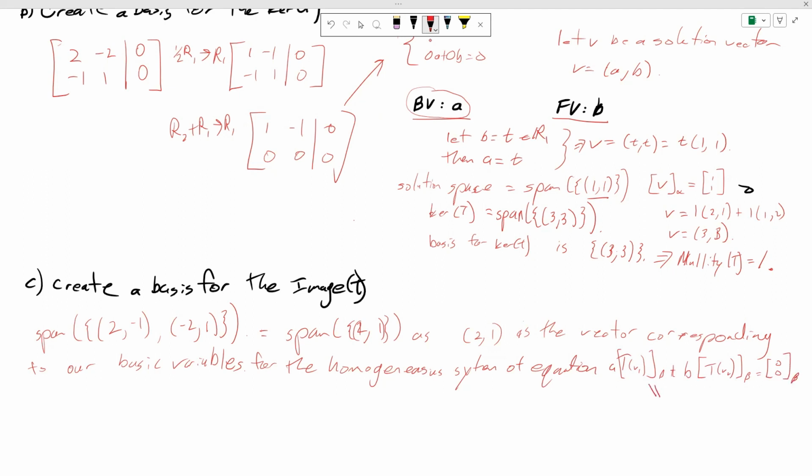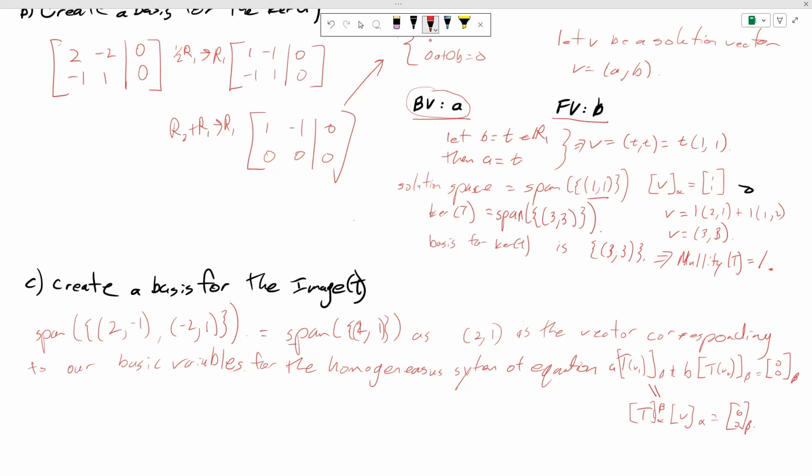Recall that this system of equations will produce the same augmented matrix as [T]_alpha^beta [v]_alpha equaling the 0 vector in beta.